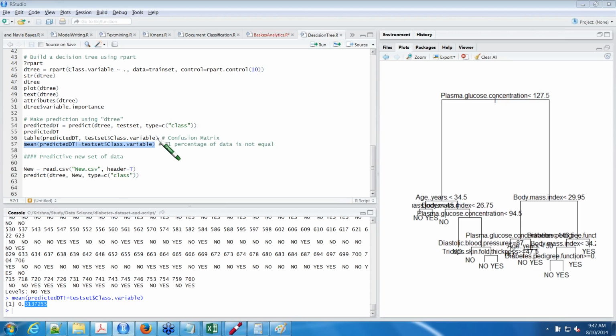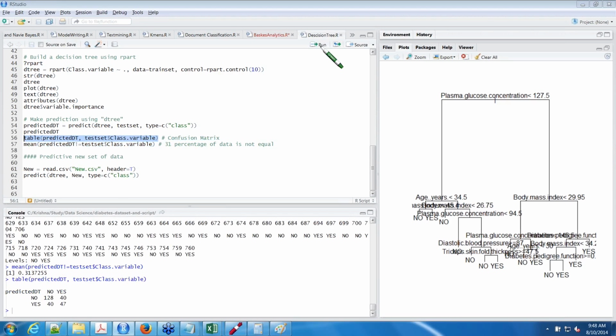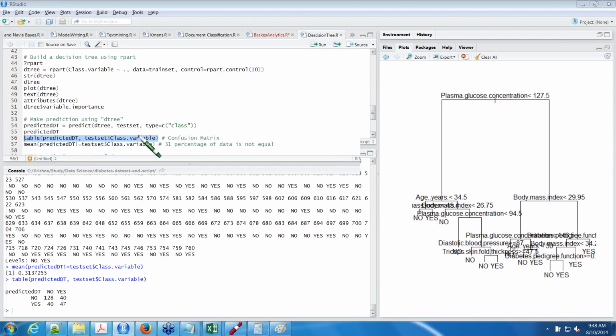If you want to find out the level of accuracy with the confusion matrix, you will get a confusion matrix like this. How do we interpret the confusion matrix? Just see this.